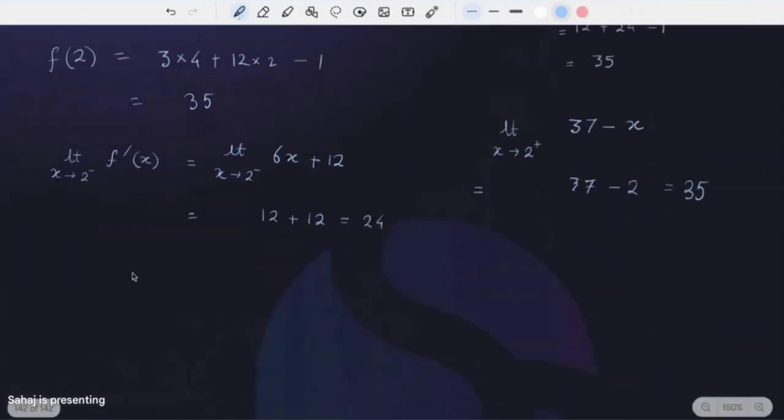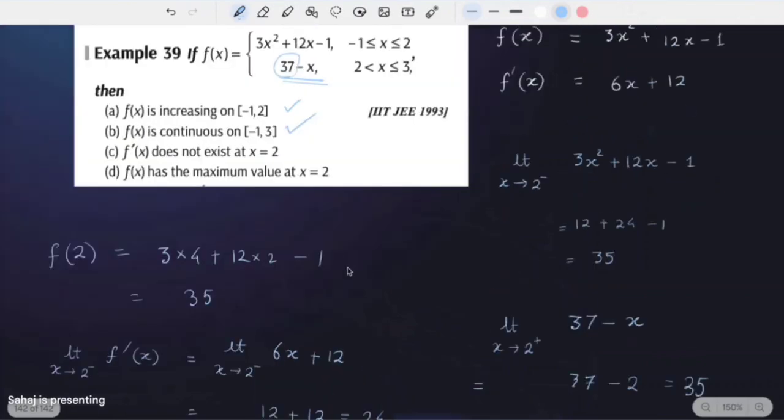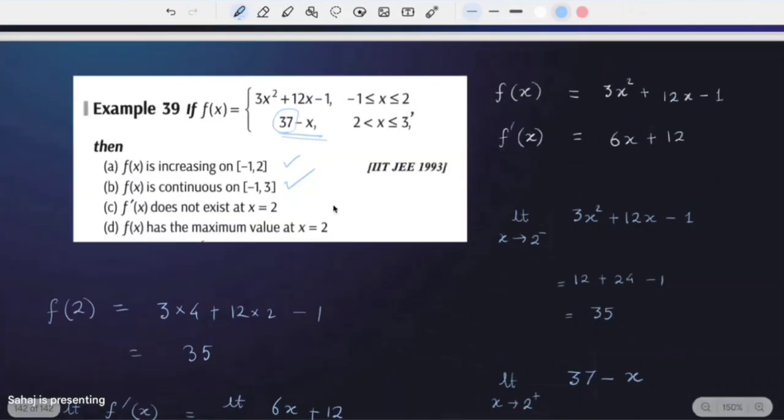So f prime of x, limit x tends to 2 plus, is just minus 1. Of course, they do not match, so the derivative does not exist.